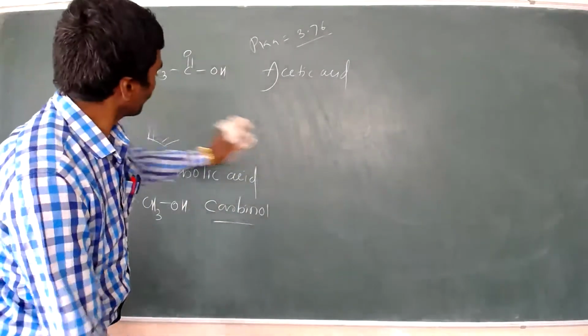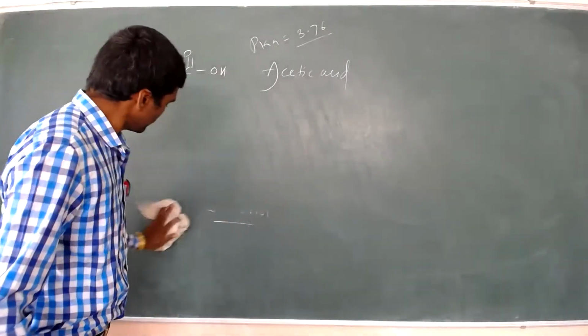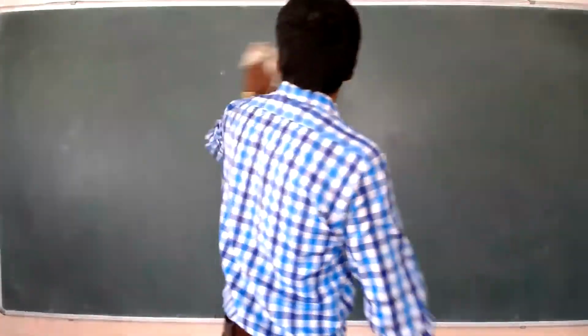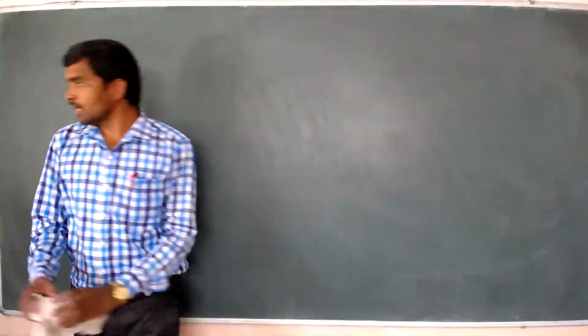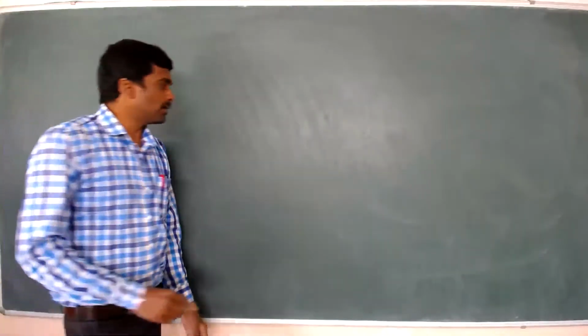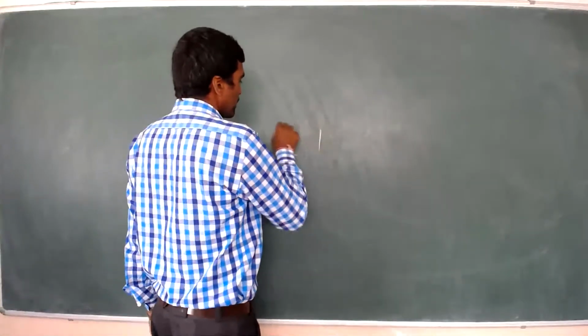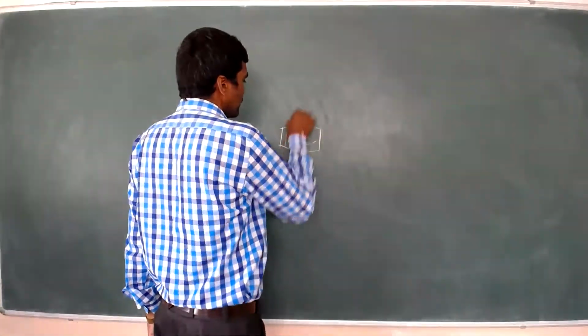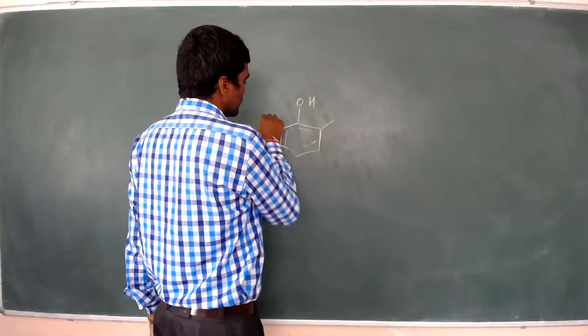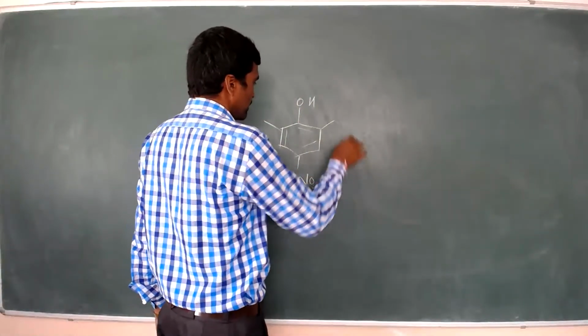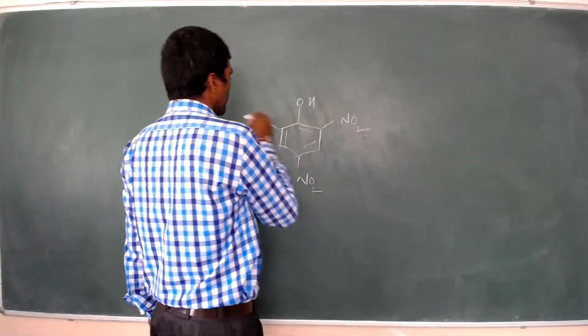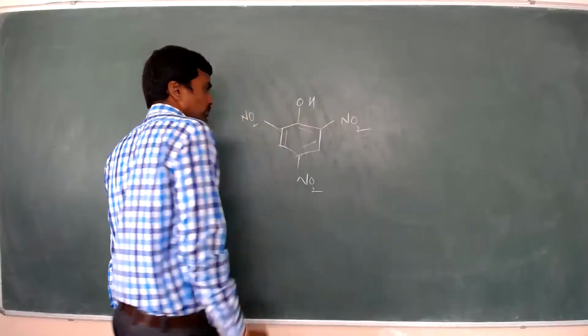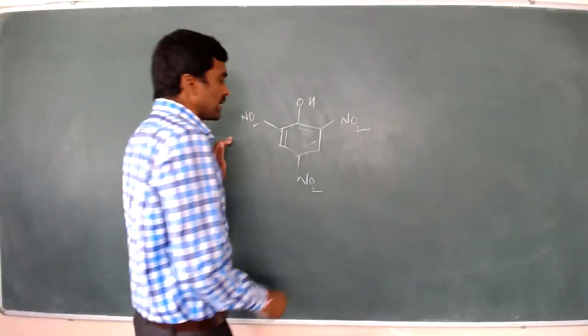Now I'm going to introduce a very important compound, picric acid: benzene with OH and three NO2 groups. This is called picric acid.